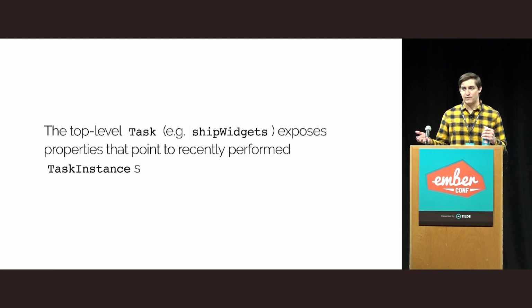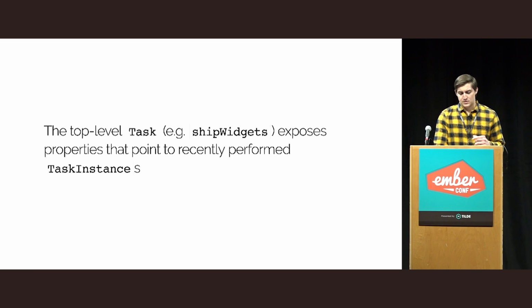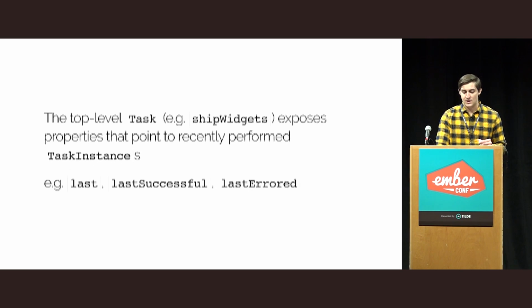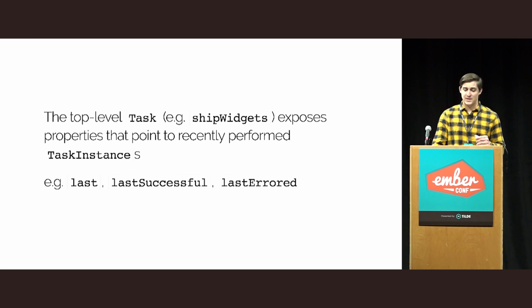And when you do, you have the freedom to define how stale or how eager your UIs are when you start reloading data. So the top level task, in this case, shipWidgets, exposes properties to recently performed task instances. One of them is last, which is the one that you just performed, which might still be running. It might eventually run to completion or have an error.